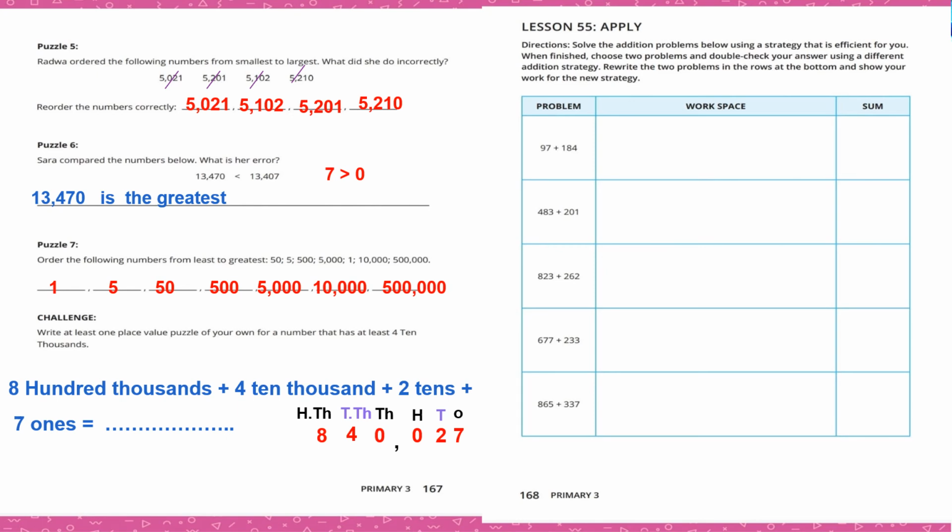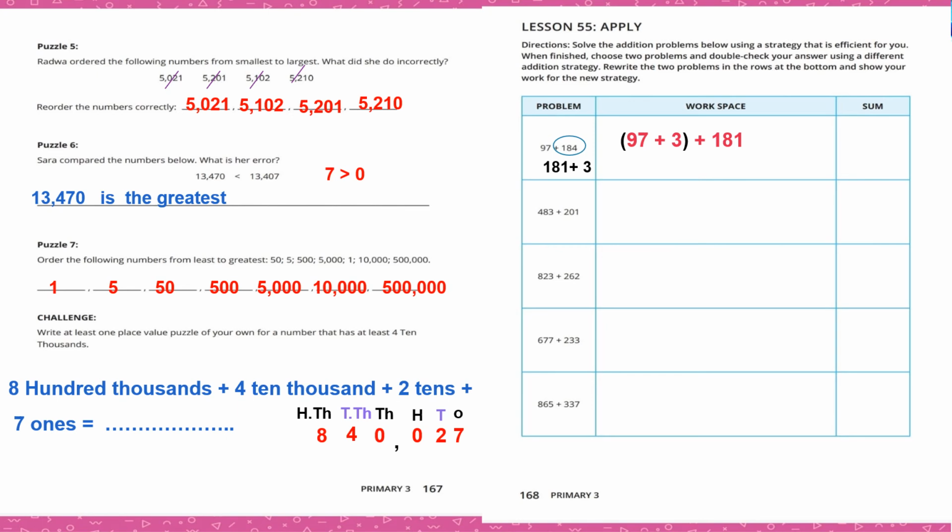97 plus 184. Here we can split 184 to be 181 plus 3 to use the associative property. Okay? So write 97 as it is plus 3 plus 181.